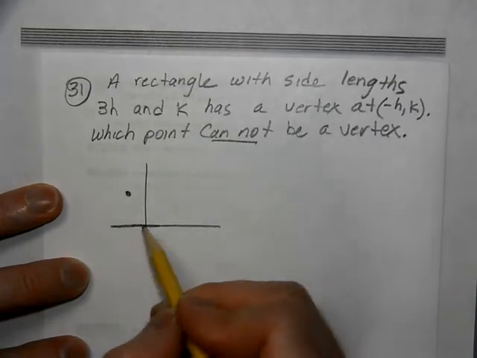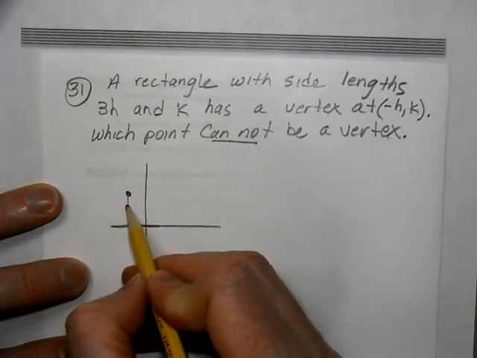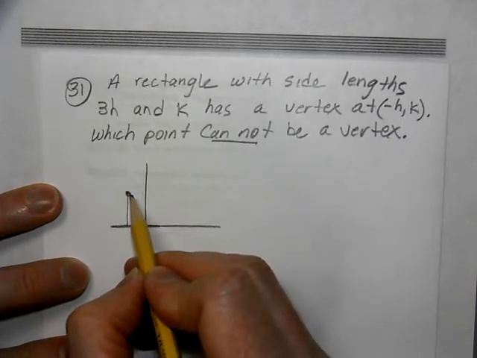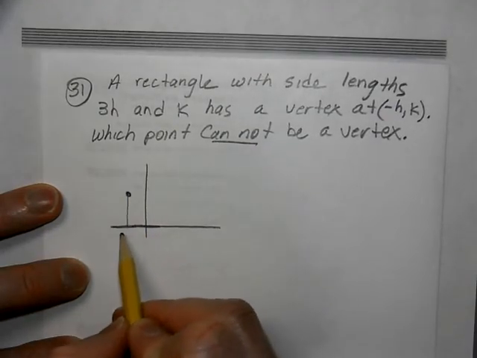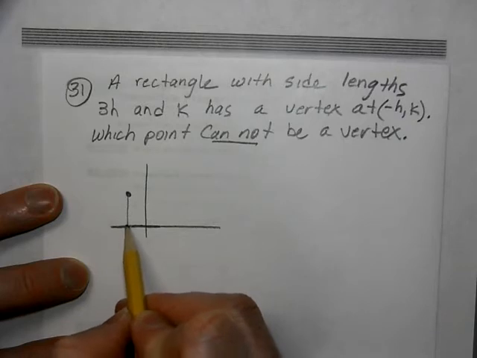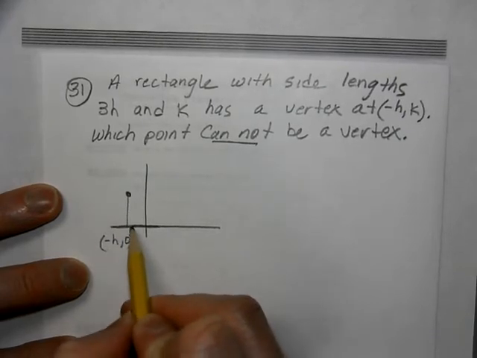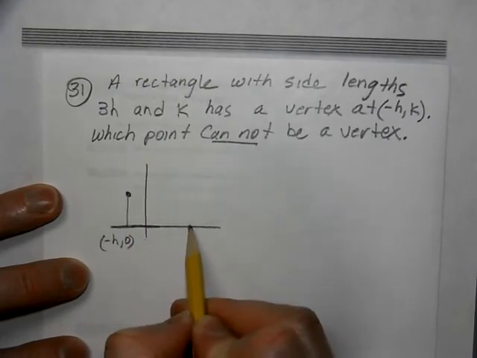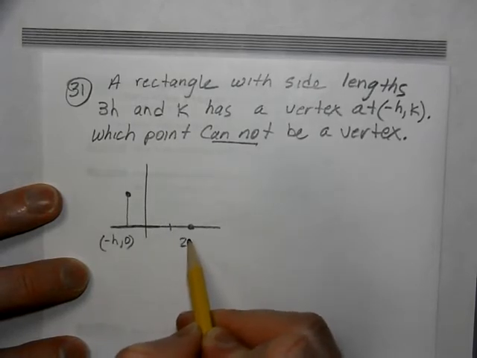okay, one way we could draw this is to say that we come straight down, which is at, this guy here would be negative h comma 0, and then go over 1h, 2h, 3 h's, which would be 2 more h's.